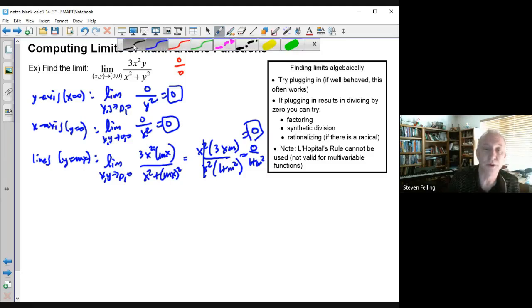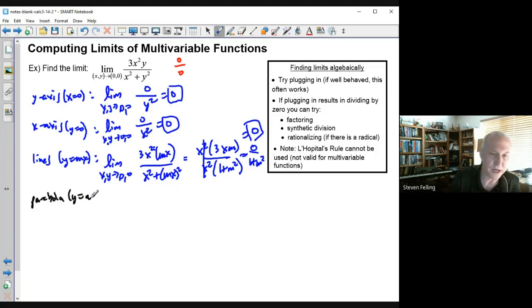Let's try another one. Let's try a parabola path, a parabolic path. y equals ax squared, right? Some ax squared kind of thing there. So that would be, let's say, the limit as (x,y) approaches (0,0). So I have 3, I have x squared, and for the y I have an ax squared, okay? And then on the bottom x squared, and then ax squared being squared.